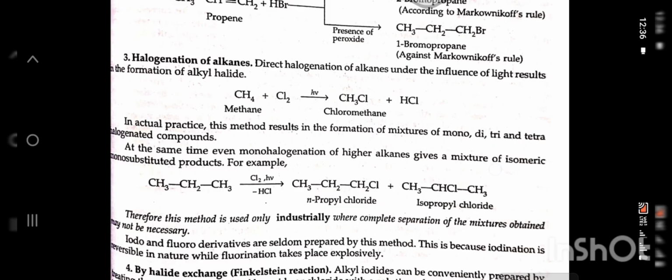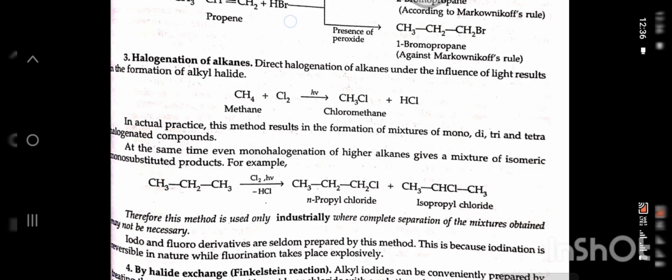Halogenation of alkanes. The direct halogenation of alkanes under the influence of light results in the formation of alkyl halides. For example, methane plus chlorine in the presence of light gives chloromethane plus HCl. In actual practice, this method results in the formation of mixtures of mono, di, tri and tetrahalogenated compounds.